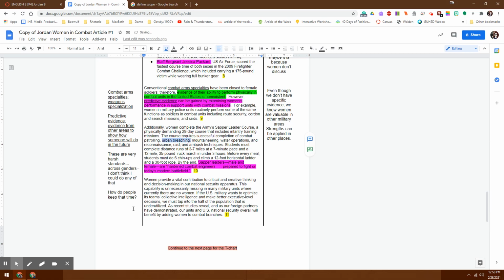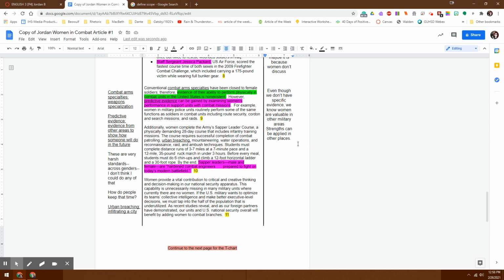So urban would be the cityscape. So urban breaching would be like infiltrating a city. So I'm going to highlight that and underline it as vocabulary. So they're being trained to do all sorts of stuff.